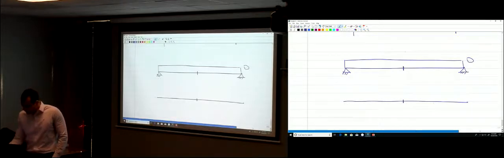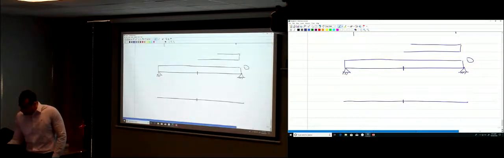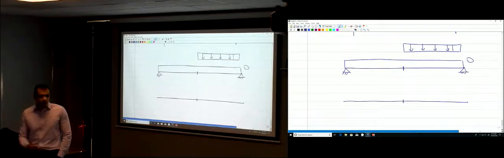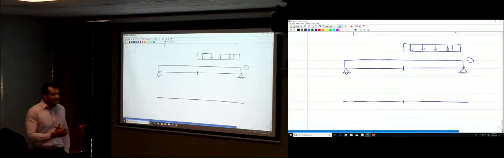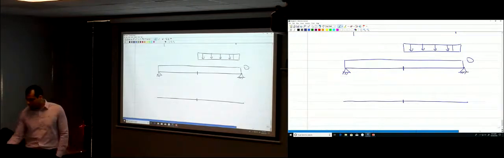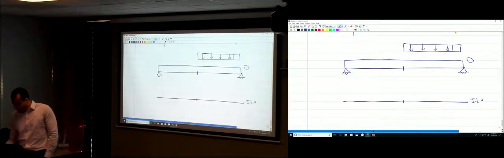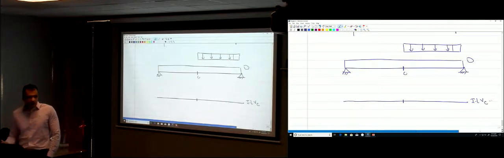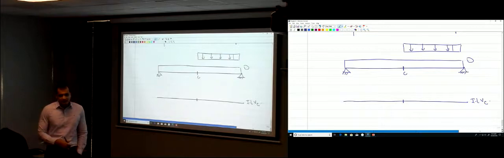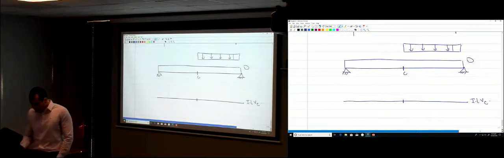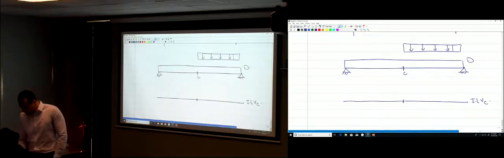So you're actually going to find that you need to put the live load here, so that the shear in the midsection is maximized. You have to draw the influence line for the shear. Let's say this is point C. You have to draw the influence line for the shear at point C. It's going to look something like this.